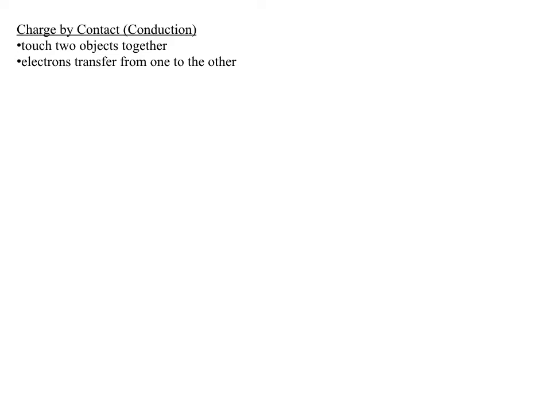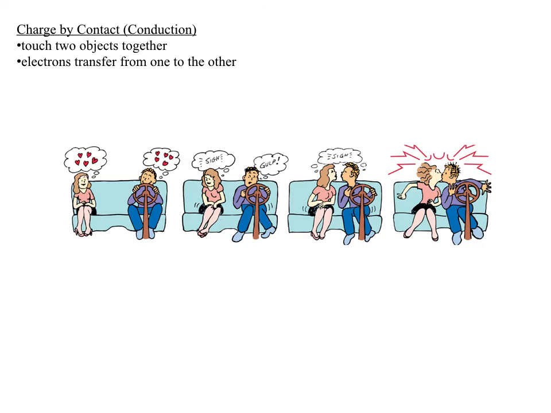So this is similar to what you experience with static cling or static charges. Anyway, let's say it's a winter day and you rub your feet across the carpet and you build up a charge on your body, and then you go touch a doorknob, and what happens is that you are charging the doorknob now by conduction.